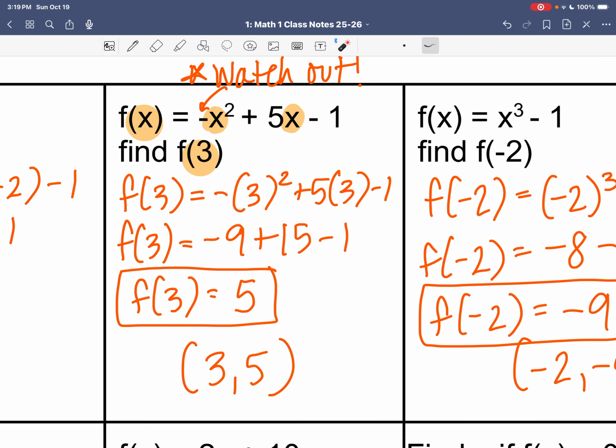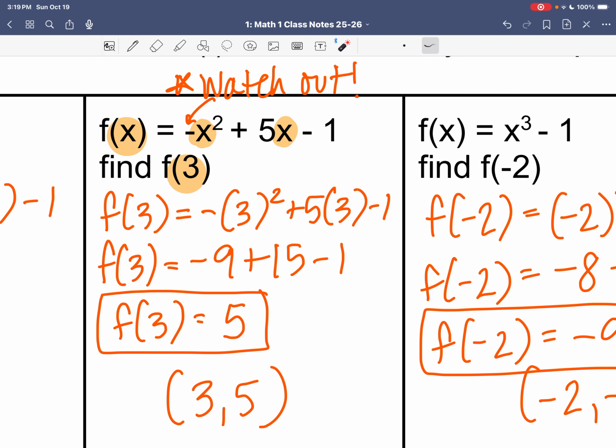All right, now be very careful on this one. If you notice, there is a negative outside of x. So we're only substituting in 3 exactly where x is. So be very careful, this negative should be outside the parentheses.